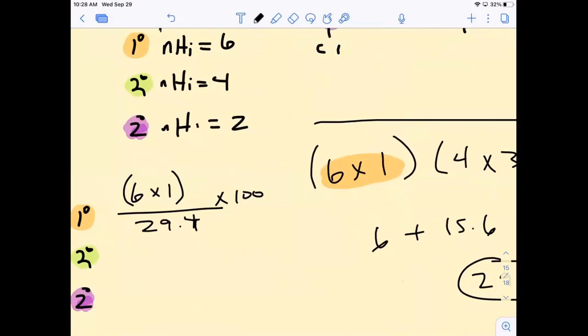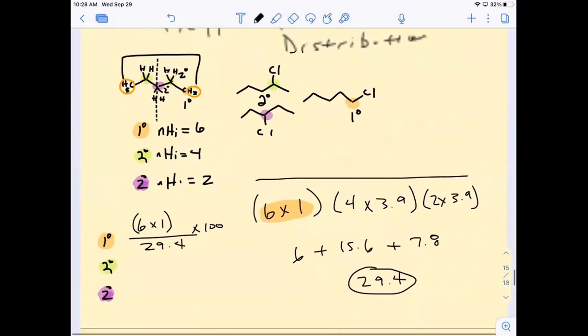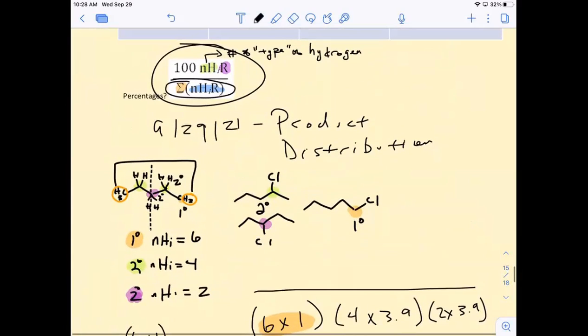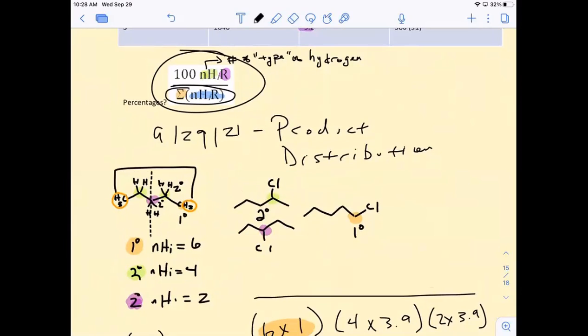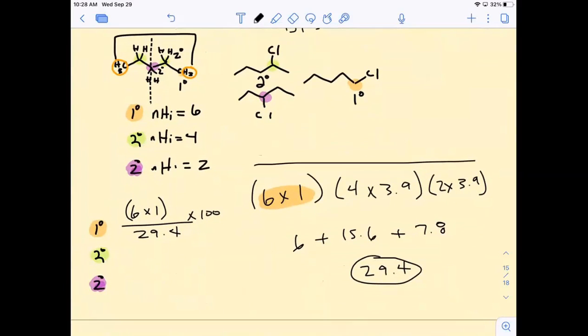The NHR on top is whatever it is for that set of hydrogens. So it'll be 6 times 1 over the total times 100.